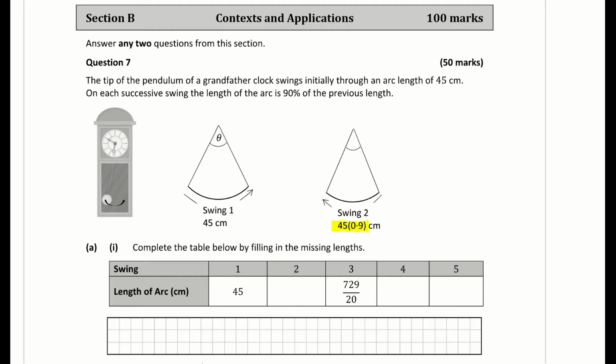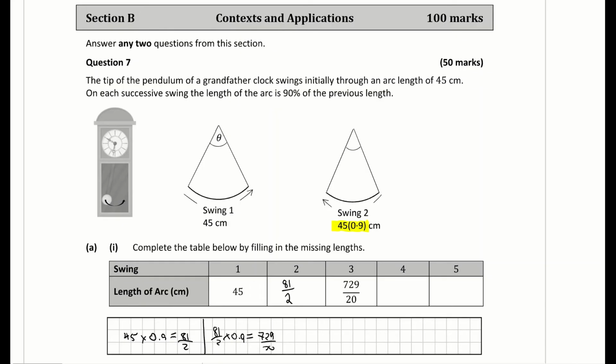So that's all I'm going to do here to fill in the second box. I'm going to go on my calculator, 45 times 0.9, and that's giving me 81 over 2. Now you can fill these in decimal or fraction, whatever comes up in your calculator. So that's my first one. In order to get swing 3, I'm basically multiplying 81 over 2 by 0.9, and I'm getting 729 over 20, and so on.